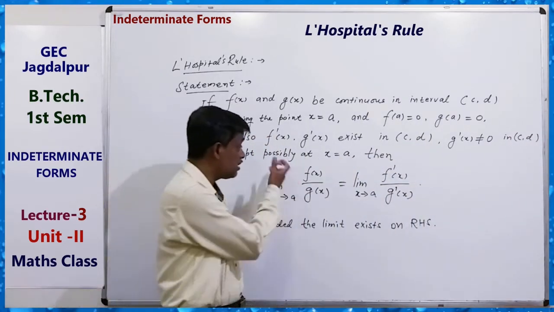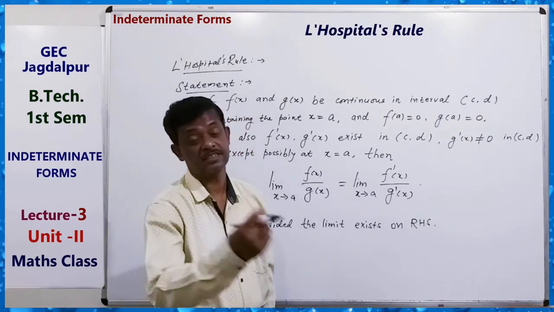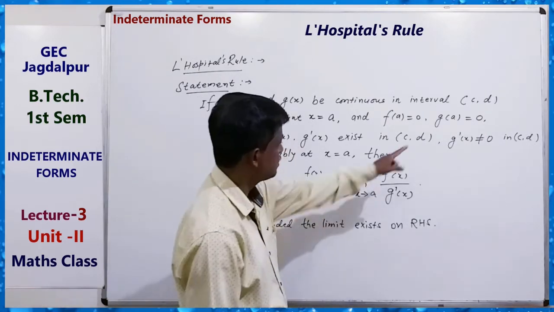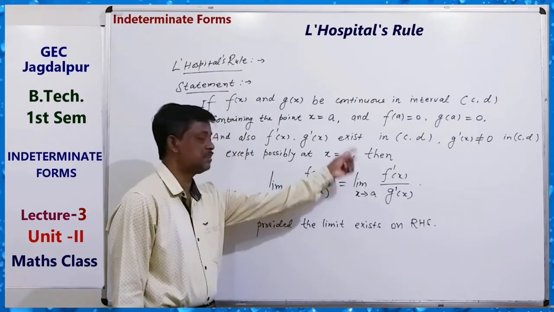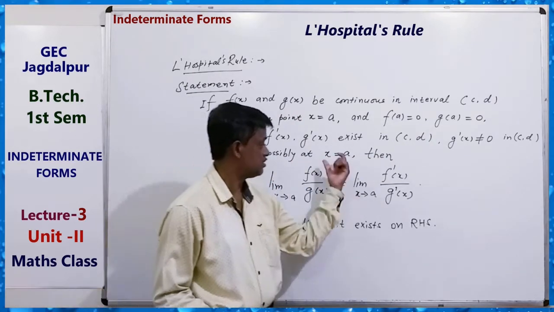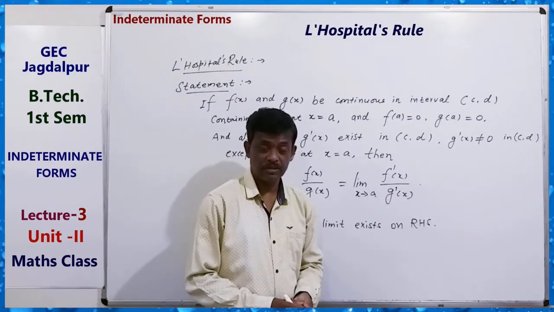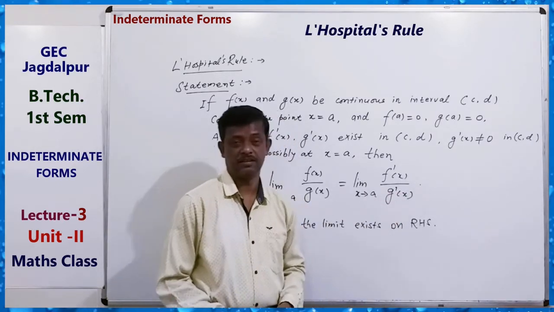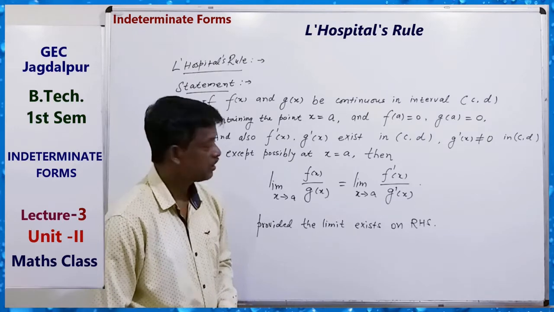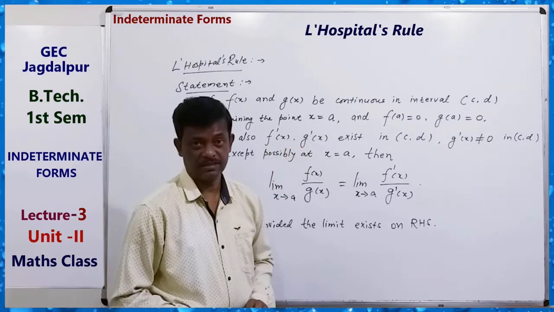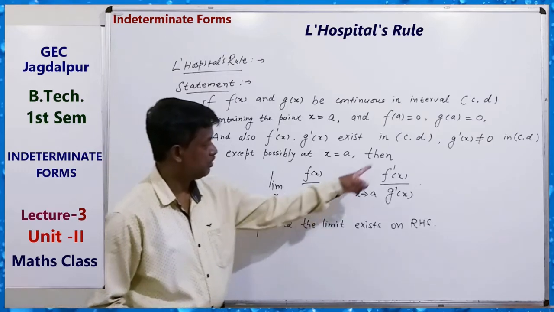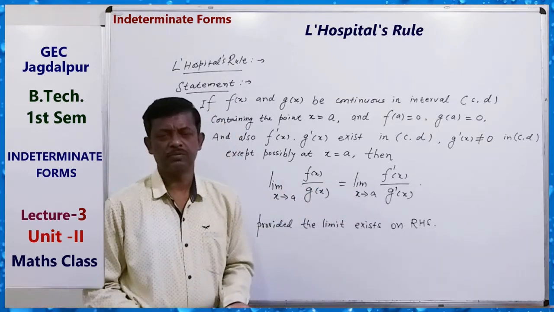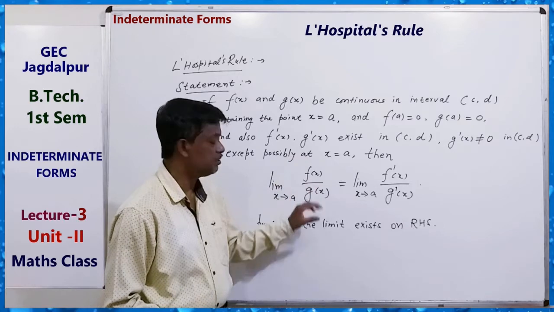That means maybe at x equal to a, g'(x) equals 0. Then further we can apply this theorem. So this limit equals the limiting value of f' by g'. That means we have to differentiate numerator and denominator separately.